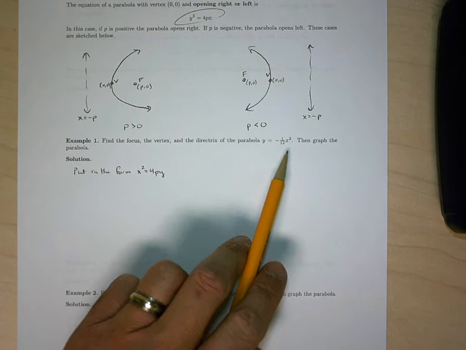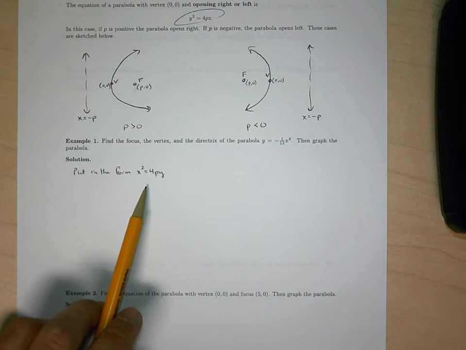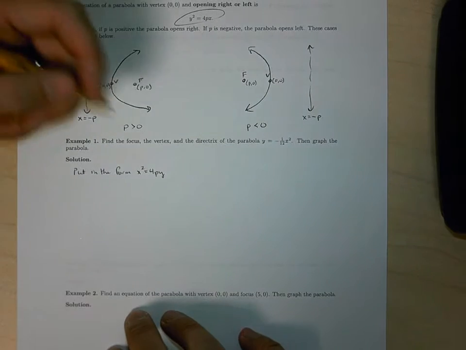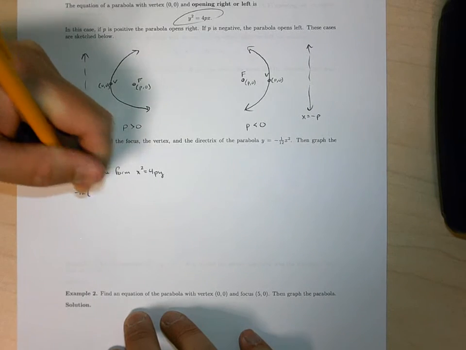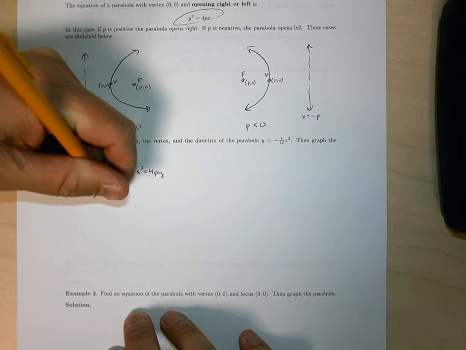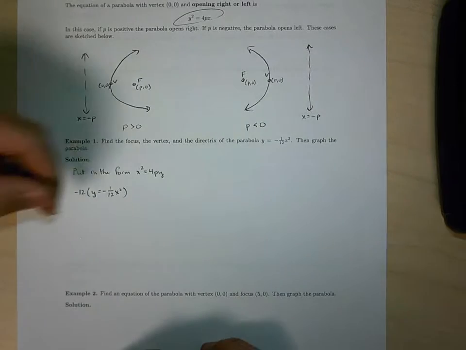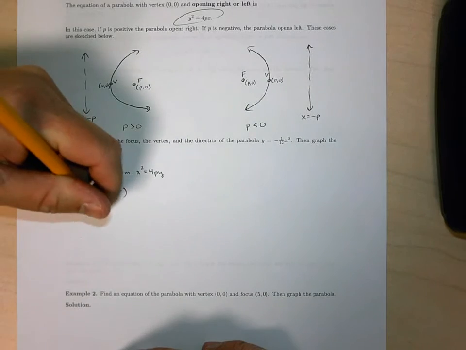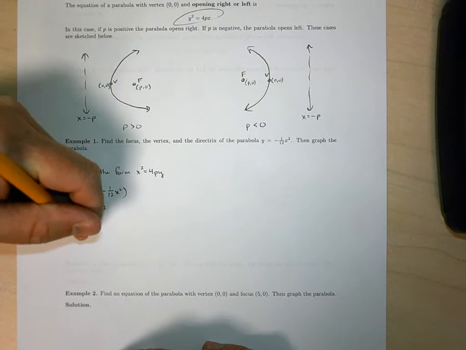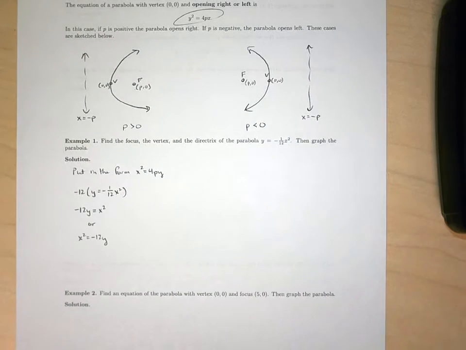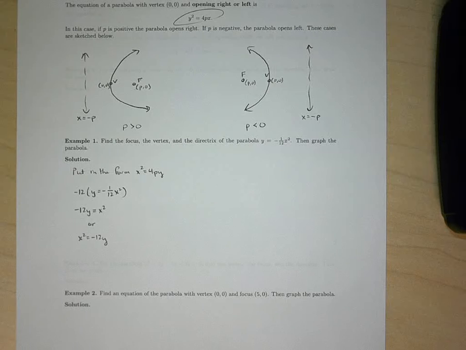Well, I've got x squared in this equation, so it's got to be this one. So we're isolating x squared. This is easy enough to do. Let's just multiply both sides by negative 12. That would give me negative 12y equals x squared, or x squared equals negative 12y.